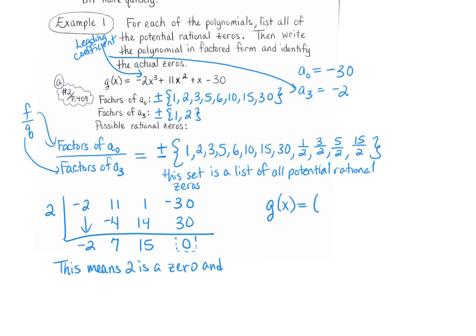Very good. X minus 2 is a factor. If you do not remember anything else, remember that, okay? Because it helps you factor a polynomial completely. Once you have a 0, it means X minus that 0 is a linear factor, okay?